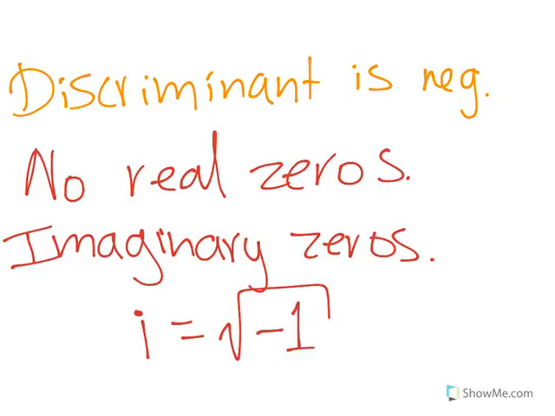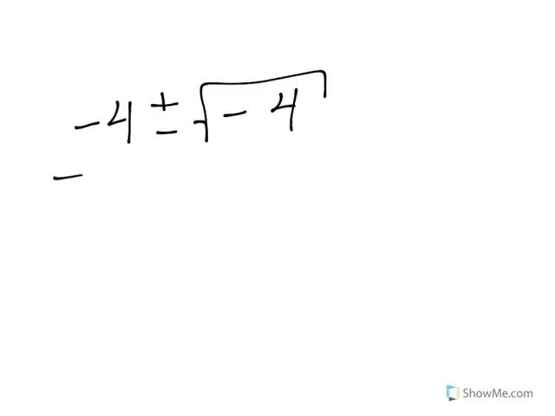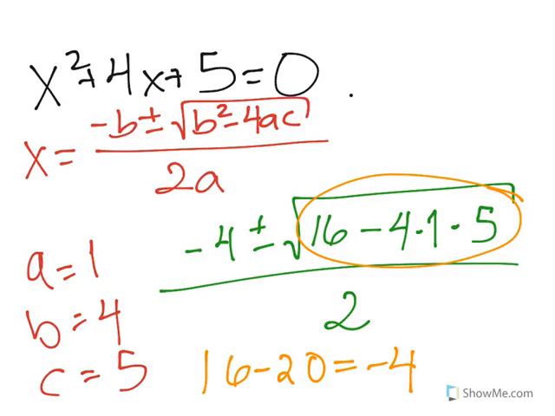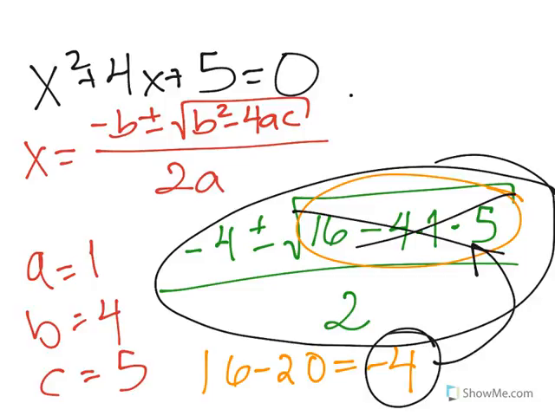So let's find what our imaginary zeros are. So we found out that we had negative 4 plus or minus the square root of negative 4 over 2. So that's what we got with the quadratic formula right here. I plugged in the negative 4 as the discriminant right there, and that's what we got.